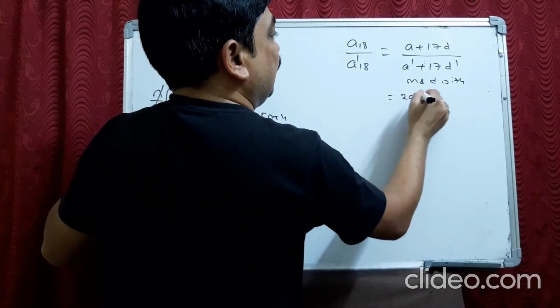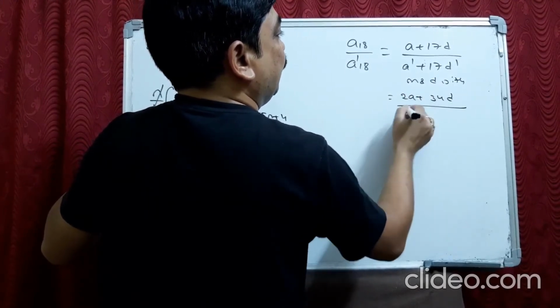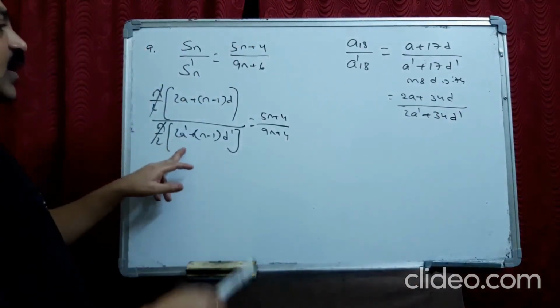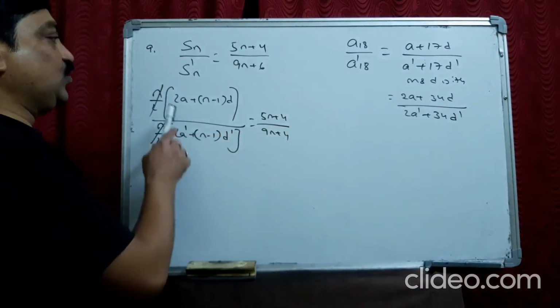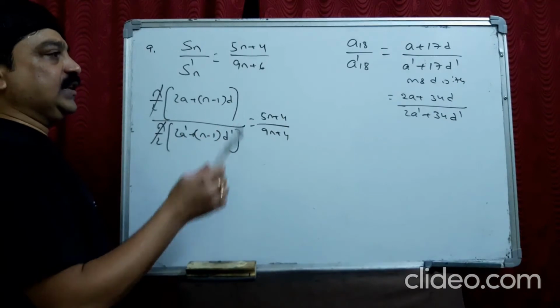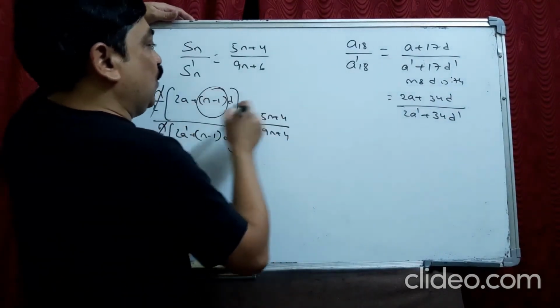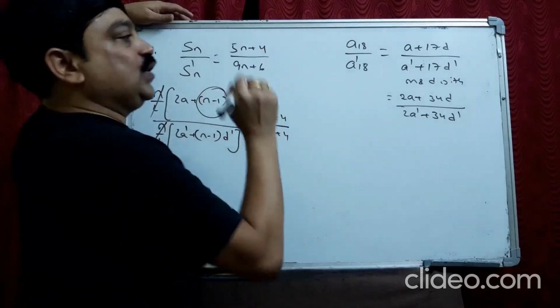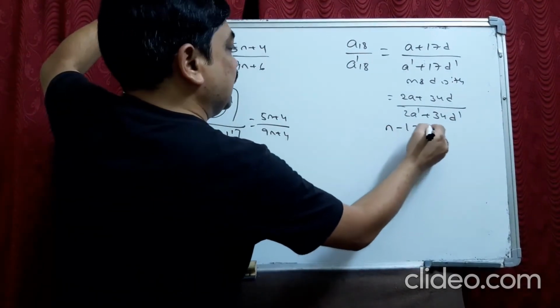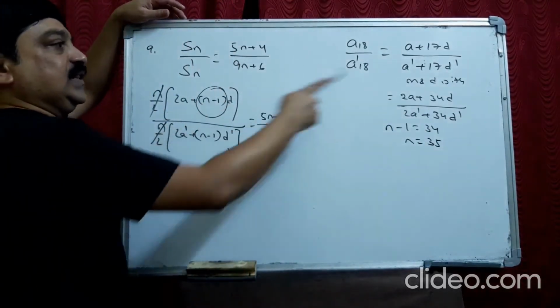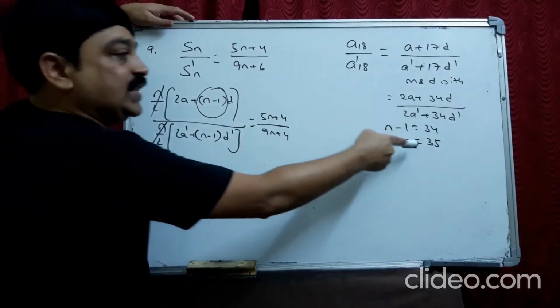So it becomes (2a plus 34d) by (2a dash plus 34d dash). Now you can compare these two. You equate the coefficient of d with the coefficient of d there. So n minus 1 is 34, n equal to 35. When you are comparing this with this, the answer will be this with this value of n.